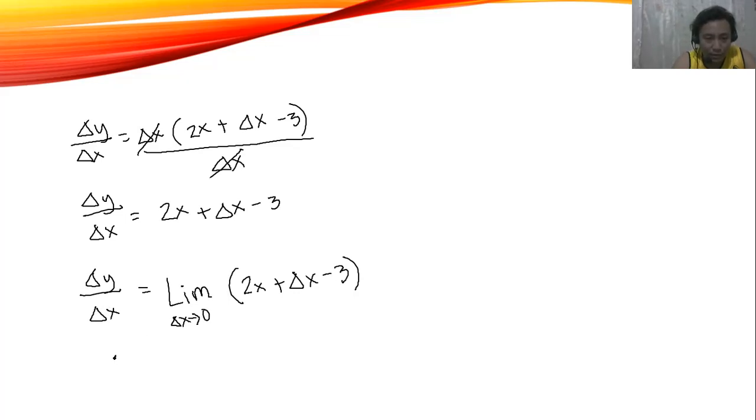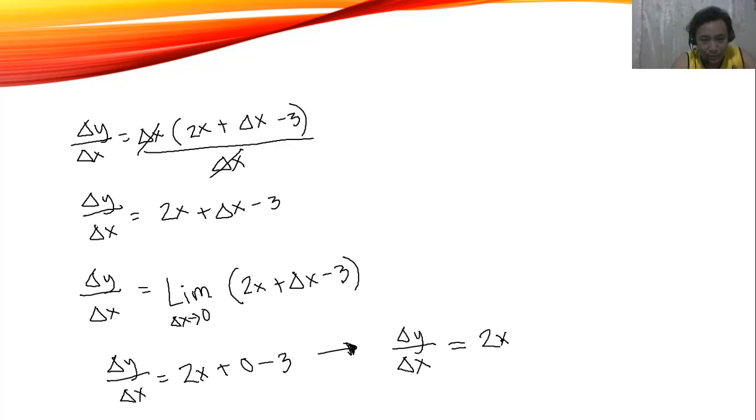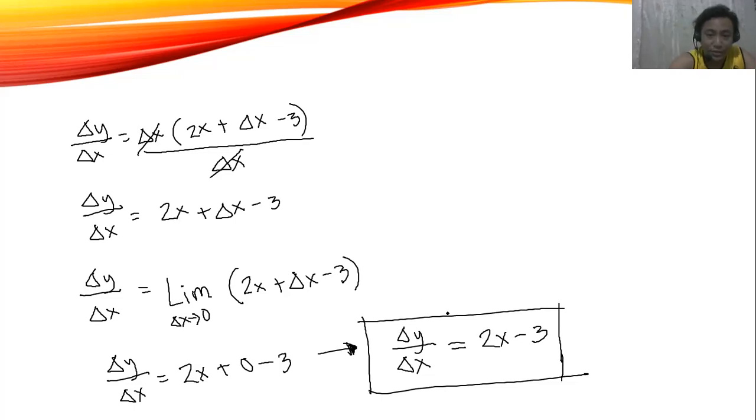So now we have delta y over delta x is equal to 2x plus 0 minus 3. And then the derivative now is delta y over delta x is equal to 2x minus 3. Therefore, the derivative of the given equation is equal to 2x minus 3.